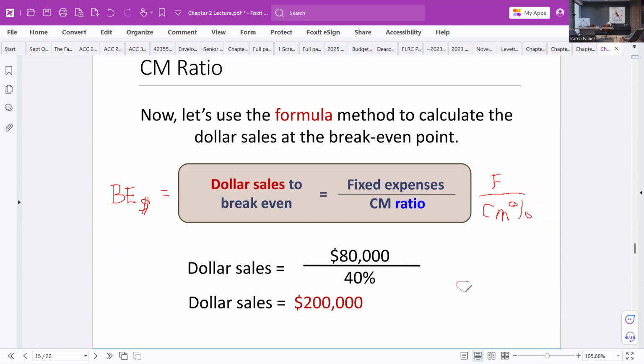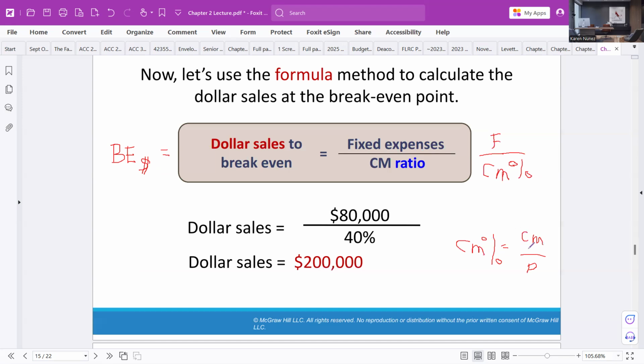And again, this CM ratio, the contribution margin ratio, how do we get that? Well, we could use total dollars, or we could just take the contribution margin and divide it by the price. So the contribution margin on a per unit basis divided by the price per unit gives us the CM ratio, or total contribution margin divided by total sales.